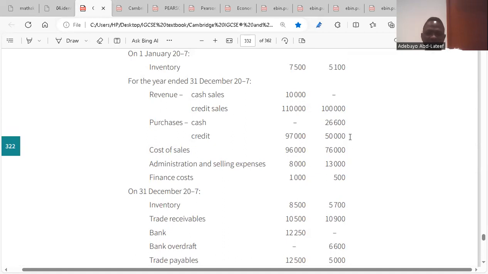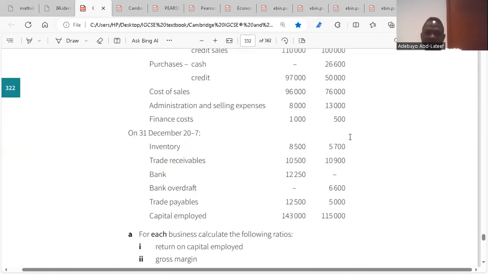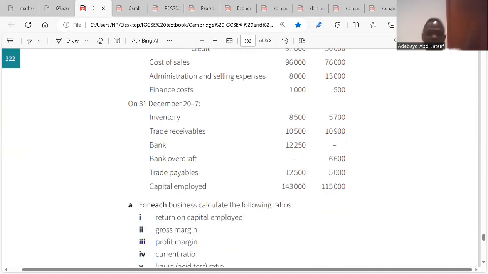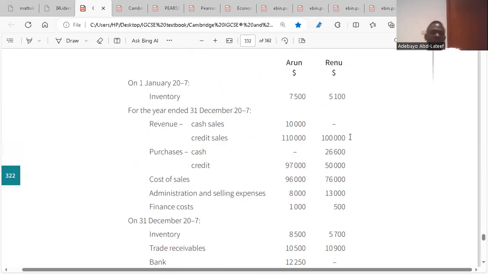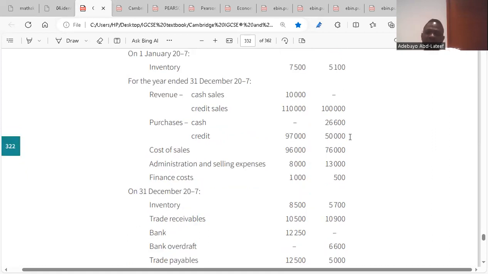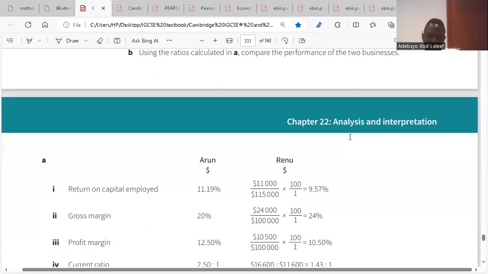This is the income statement. You have the income statement and the statement of financial position together. This is the final account. You have your profit. Do you know how you get your profit now? Yeah, I get the profit on my own. They did everything already.